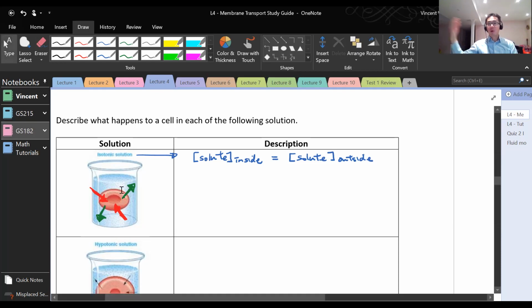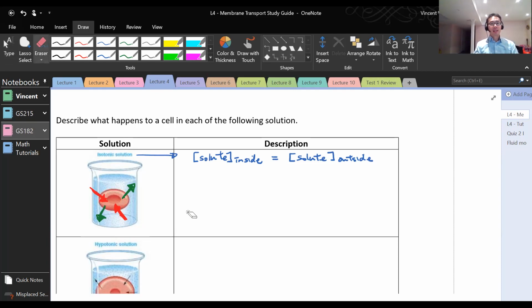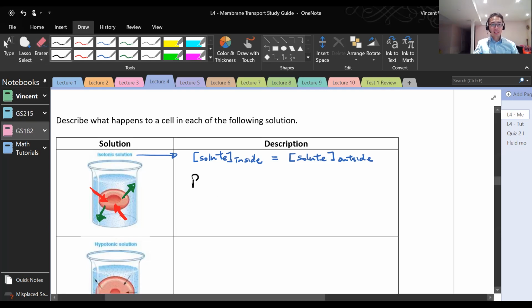This is exactly what it means: do you gain more water than you lose, or is it the same? In an isotonic solution, the rate of water coming in equals the rate of water moving out. Again, it doesn't mean the water is not moving; they're coming in as fast as they are leaving, like spending money as fast as you make it. This results in no net water movement.